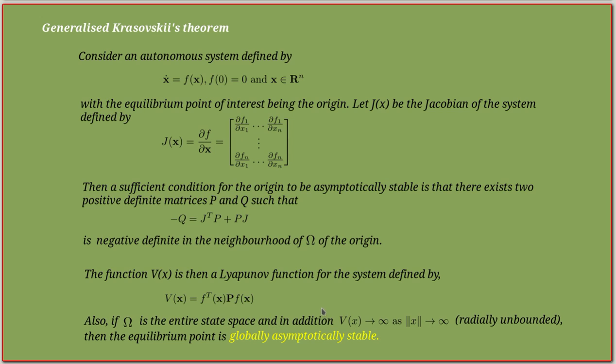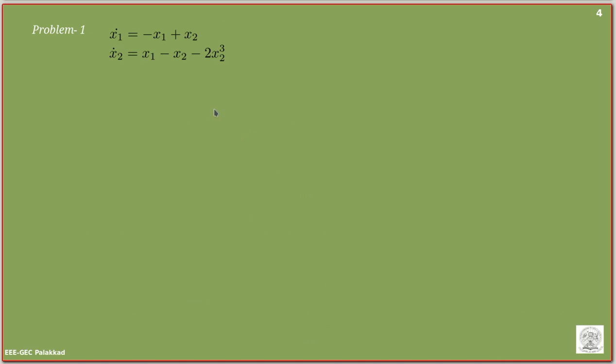Now we will understand this a little more clearly by doing a problem. This is a system given here. What is the first thing we have to check if we are going to apply the theorem? We have to see whether the origin is the only equilibrium point. Definitely, for this system the origin is the only equilibrium point, and we can choose V of x equal to f transpose into f.